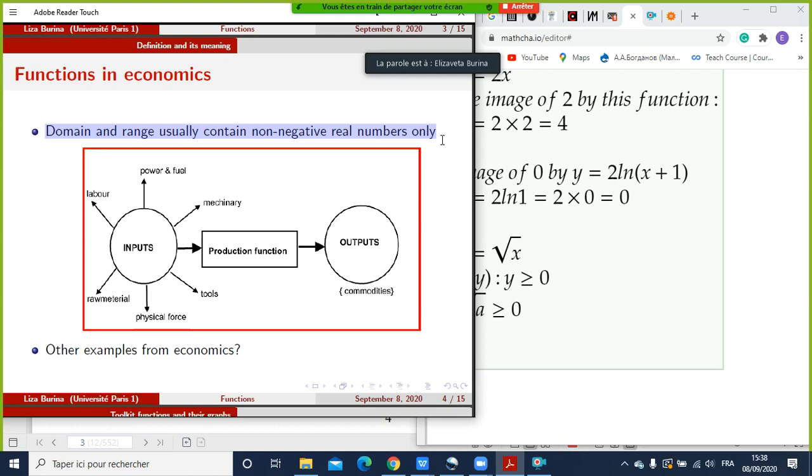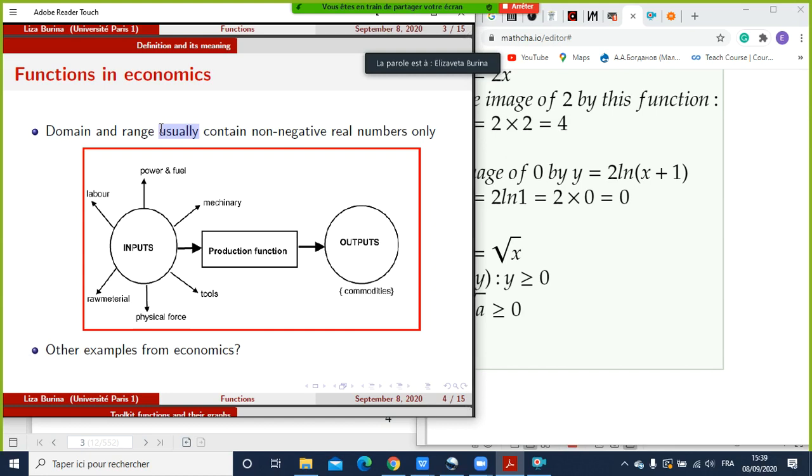Obviously, there can be examples of negatives. Utility can go negative. Investment may be negative, for example, if stocks, well, imagine stocks run down, so investment will be negative. So that's why I put usually here. We should mainly focus on these non-negative real numbers.